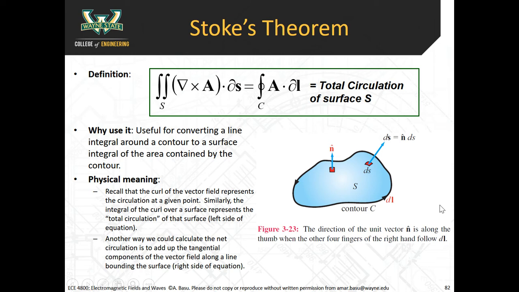The curl at this point where my mouse is is the tendency of that particular point to rotate. If I integrate the curl over the entire surface, I'm adding up the tendency to rotate along that entire surface, and that gives the circulation, the tendency of that entire object to rotate. Does that make sense?